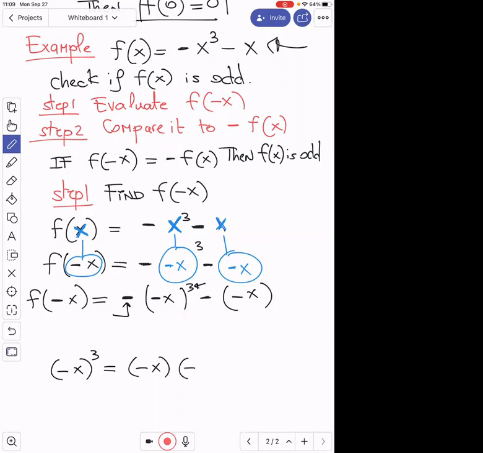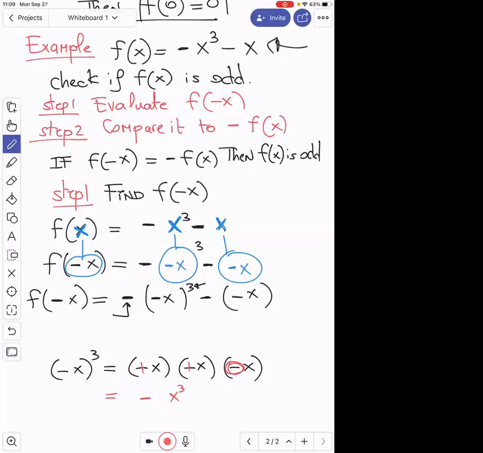Well, it's minus x multiplied by itself, of course, 3 times. And now, because the 3 is odd, well, this minus here would be a plus, but then we are left with this minus right here. So minus x cubed is actually minus x cubed.